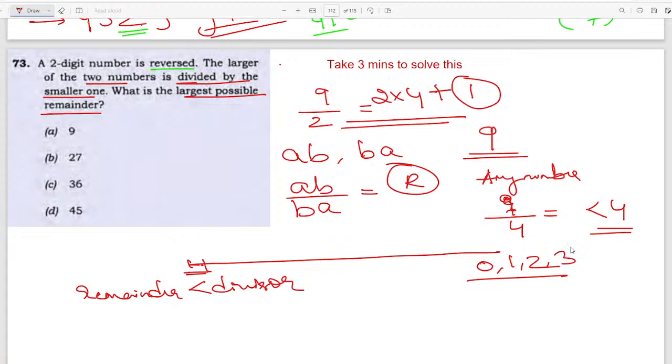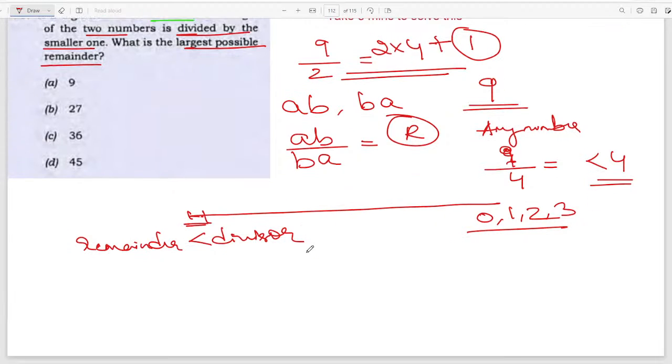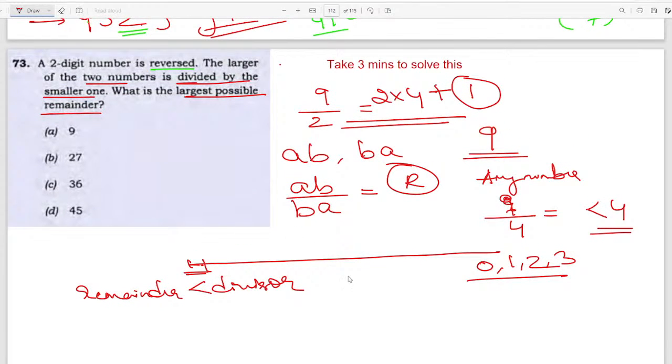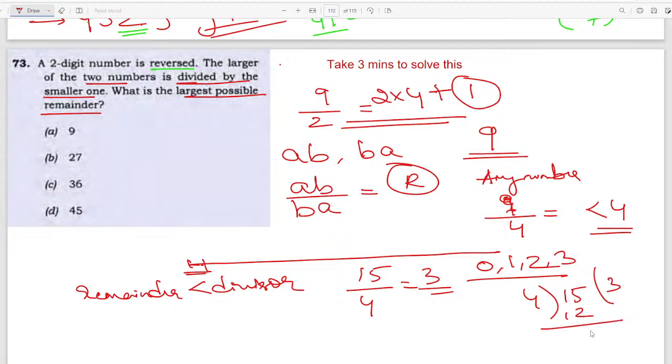Similarly, you can take any number. For example, you take 15 divided by 4, you get the remainder 3. 4 3s are 12, 15 minus 12 is 3. The remainder is 3. The remainder cannot be 4 because then it will become a multiple of 4.